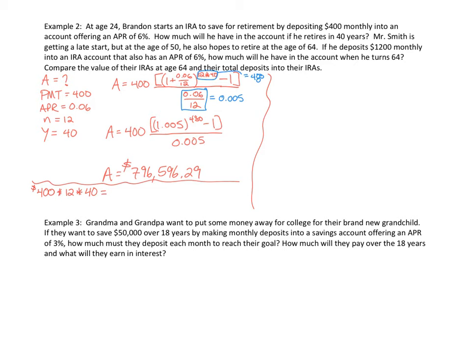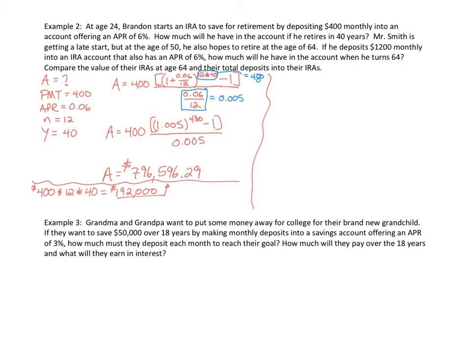That means Brandon put into his account $192,000. So from this little bit of money, I use that word lightly, it grew into that large amount of money. So the question then becomes, how much interest did Brandon make?